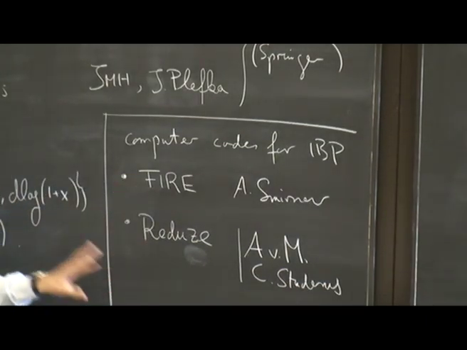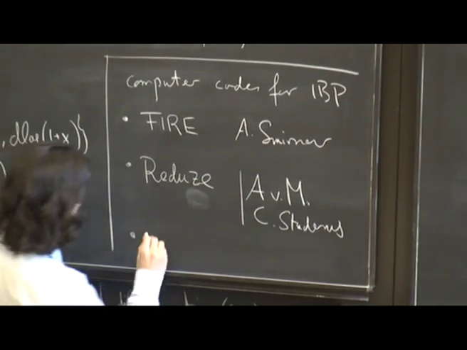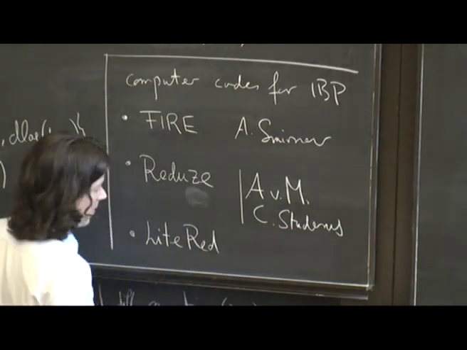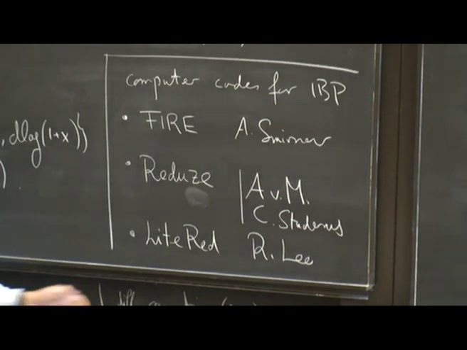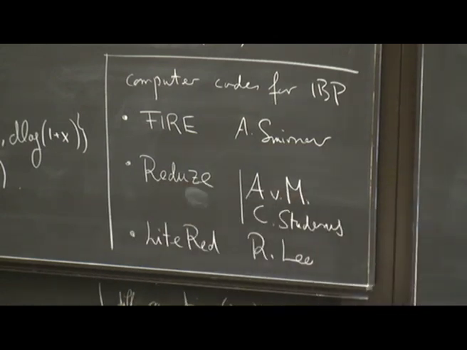These are both very powerful programs, very useful. Oh, and very recently there's also something called LiteRed by Roman Lee. So all of these are very useful, very powerful tools. I recommend all of them.